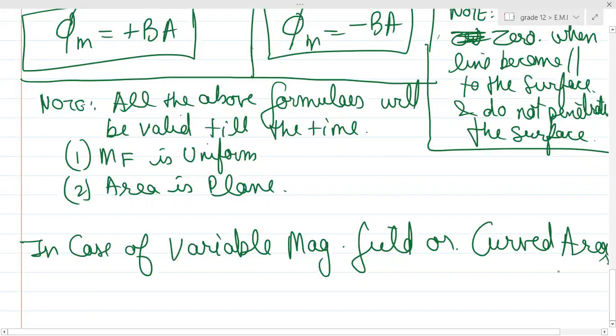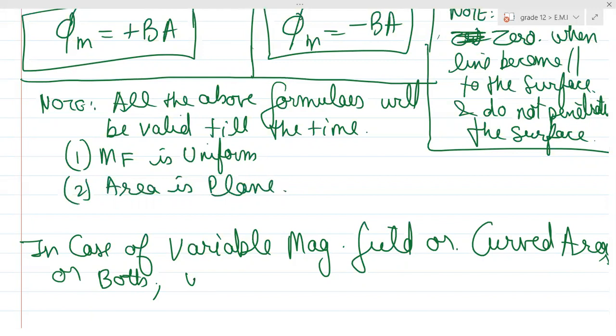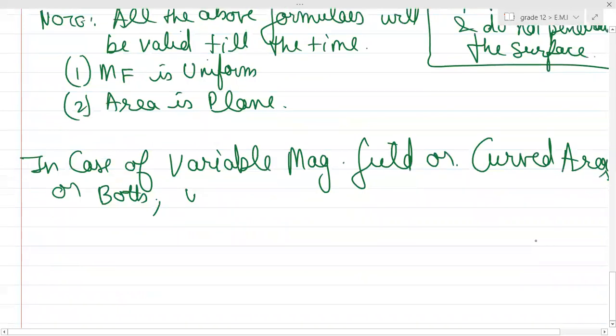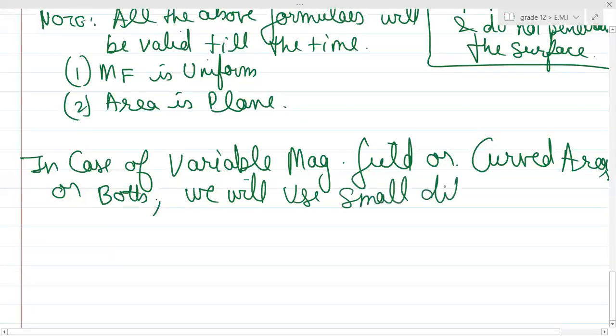In case of a variable magnetic field or curved area or both, we will use a small differential area element.